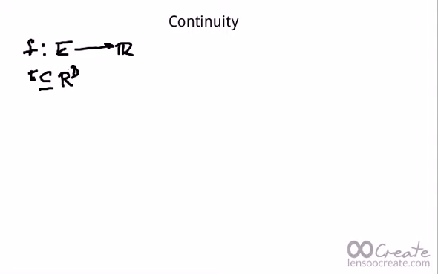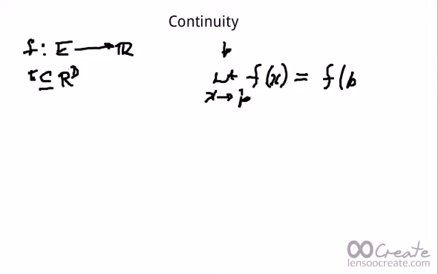Then f is said to be continuous at a point P if the limit of the function at point P is equal to the value of the function at point P.